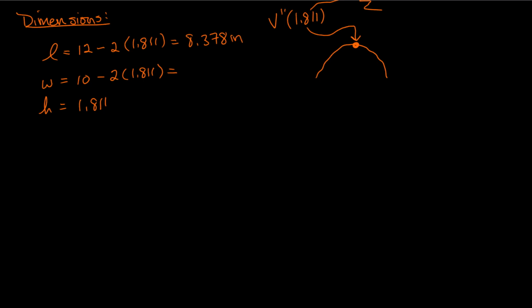The width is going to be 10 minus 2 times the 1.811, which is going to give us a width of 6.378 inches. The height, that's already done. So now we have the dimensions.